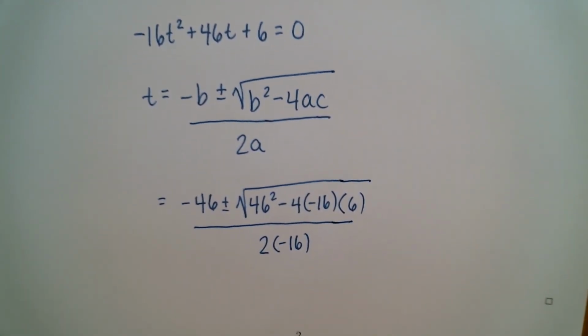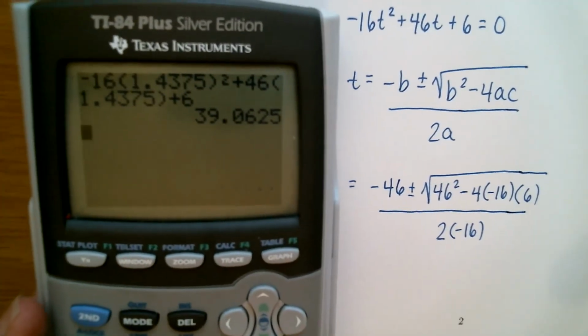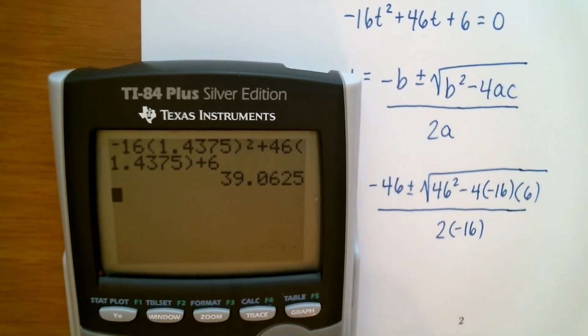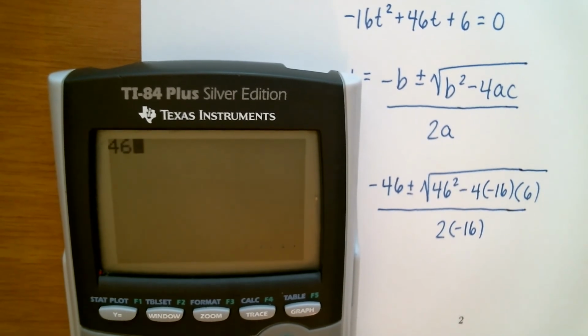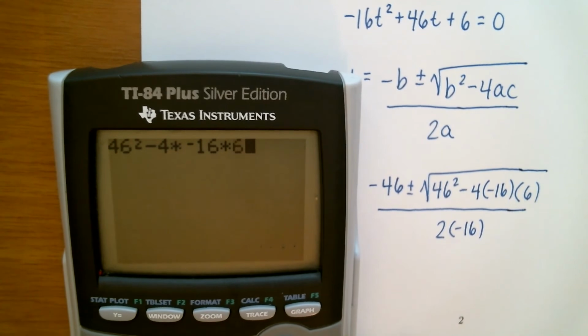All right, let's simplify. Remember, I tell you time and time again, always start underneath the square root and see what's there. So let's get our calculator here. Underneath the square root, we have 46 squared minus 4 times negative 16 times 6. So we have 2,500 underneath the square root.